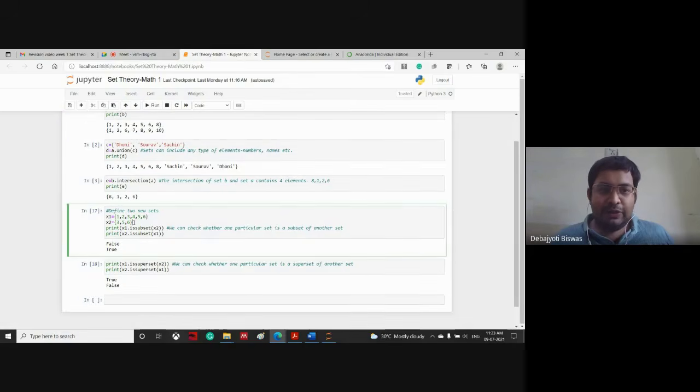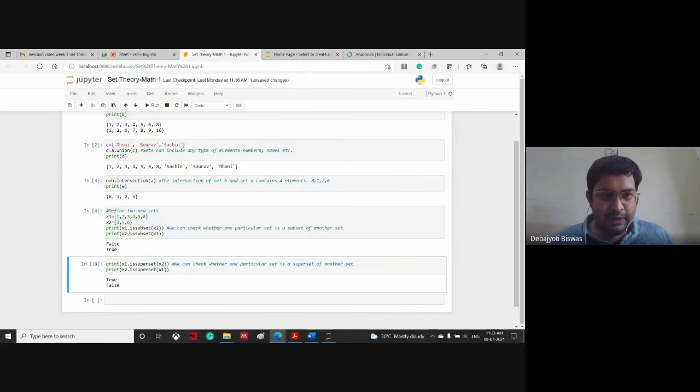Then we can check in Python whether one set is a subset of another set. We can check whether the first set x1 is a subset of x2. x1 contains 1, 2, 3, 4, 5, 6. x2 contains 3, 5, and 6 only. So as we know, x2 will actually be a subset of the first set. If we check whether x1 is a subset of x2 or x2 is a subset of x1, we find that x1 is not a subset of x2.